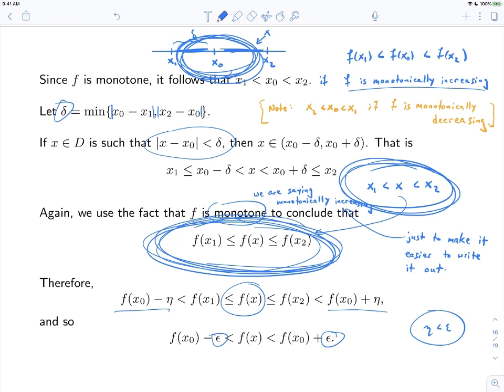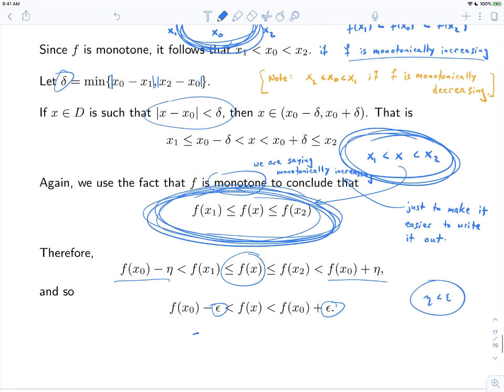But this is just another way of writing minus epsilon is less than f at x minus f at x0 is less than epsilon. And that itself is just another way of writing the absolute value of f of x minus f of x0 is less than epsilon.